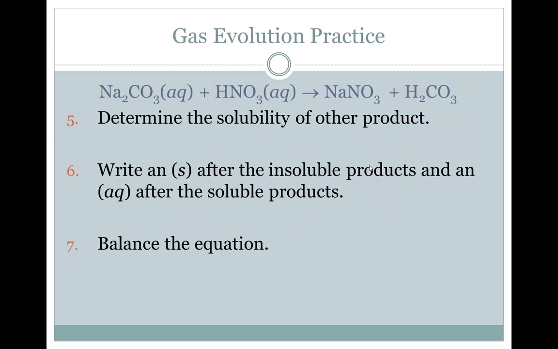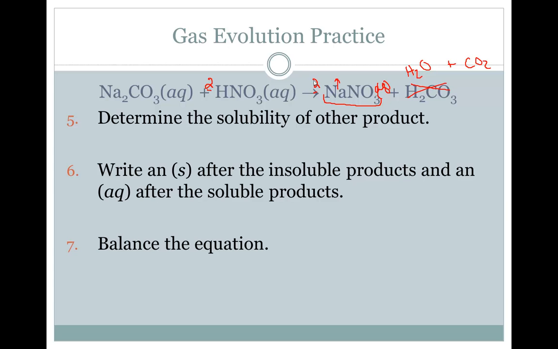Alright, determine the solubility of the other product. So we know this turns into H2O and CO2. We know it's 2NaNO3 and 2HNO3. And we're looking for the solubility of this. Sodium is an alkali metal and it's aqueous, and so is nitrate for that matter. So both of those are aqueous. So write solid after the insoluble product and aqueous after the soluble products. Balance the equation. Because we balanced it at first, we're already done.